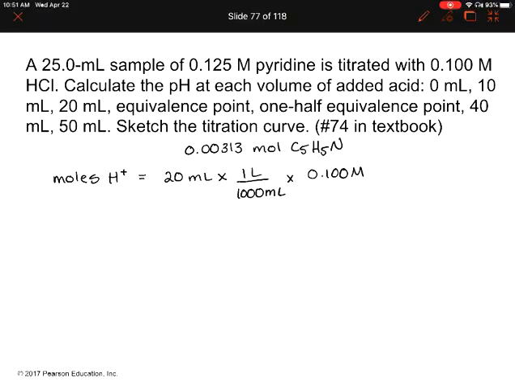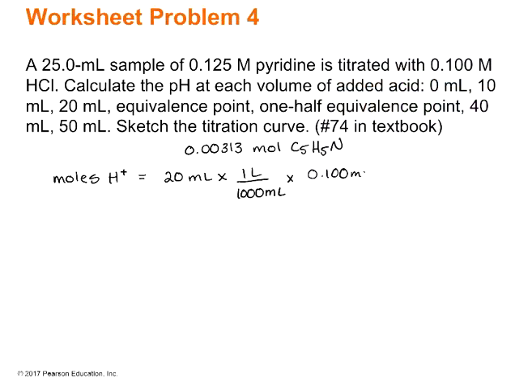Oh, let me actually write out the units here. So moles per liter. All right. So if we do that calculation, we should have 0.002 moles of hydrogen ions, or acid, that we're adding to the solution.